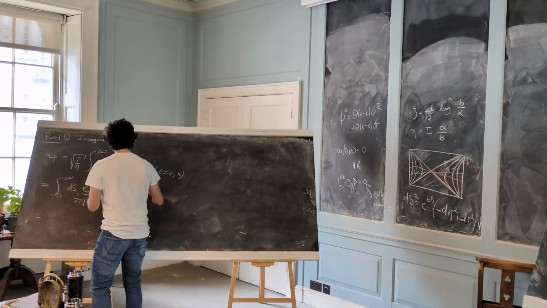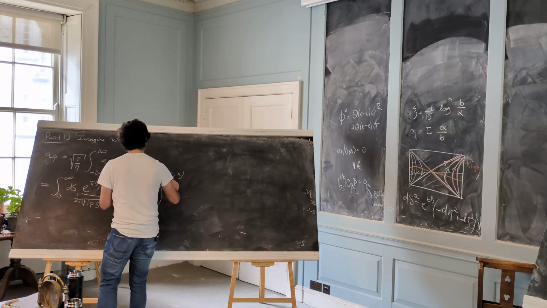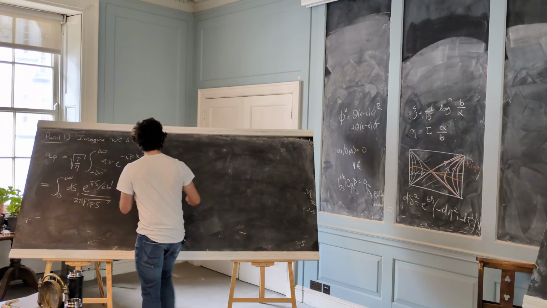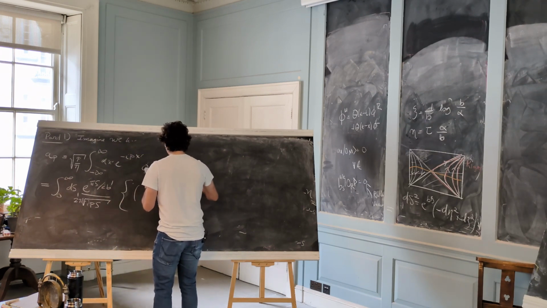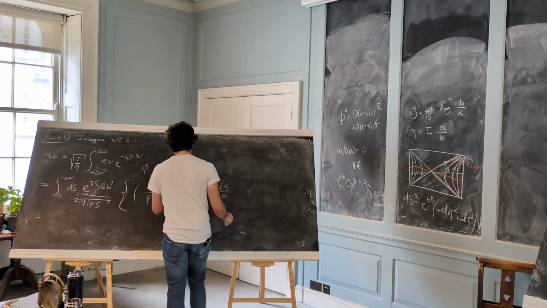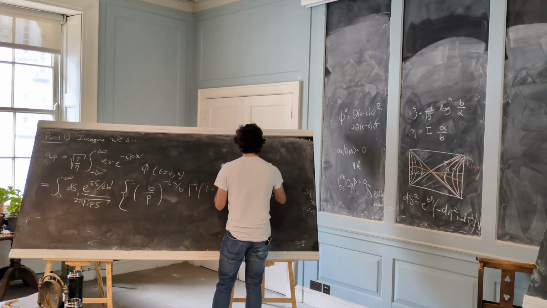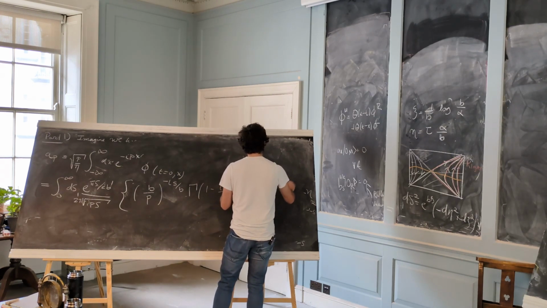So you get b over p to the minus i s over b, the gamma function, 1 minus i s over b, times b_s left minus e to the minus pi s over b b_s right dagger.